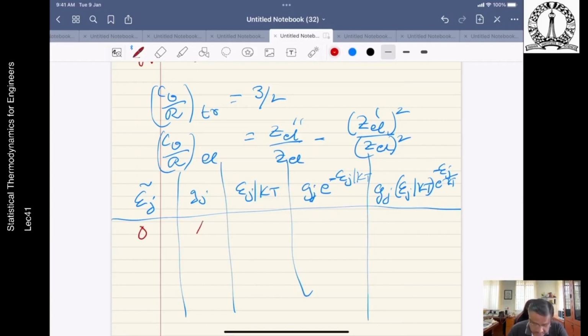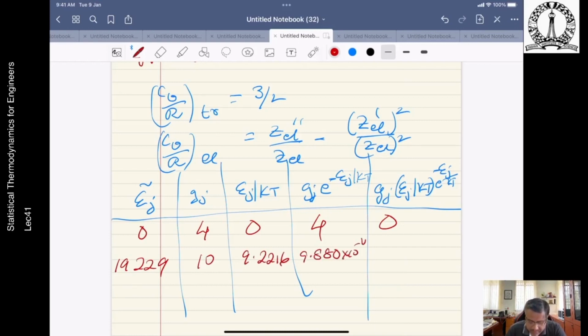For the ground level, g_j is equal to 4 and e_j by kT is equal to 0, so this becomes 4, this becomes 0, and the next one is also 0. The next energy level, 229, is given as 10, 9.2216, 9.880 into 10 to the power minus 4, 9.1183 into 10 to the power minus 3, and so on. Similarly, you can tabulate these.